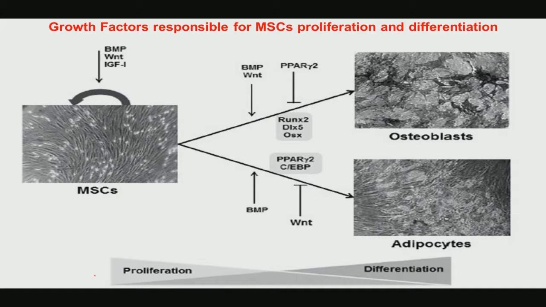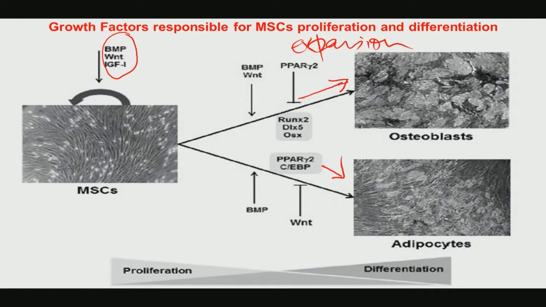So, these different growth factors are responsible for either MSC expansion or differentiation. To show two cases, in one case it goes to osteoblasts, like osteogenesis, and in another case it goes to adipocytes, which can be used to store fat. Now, what growth factors are used here?